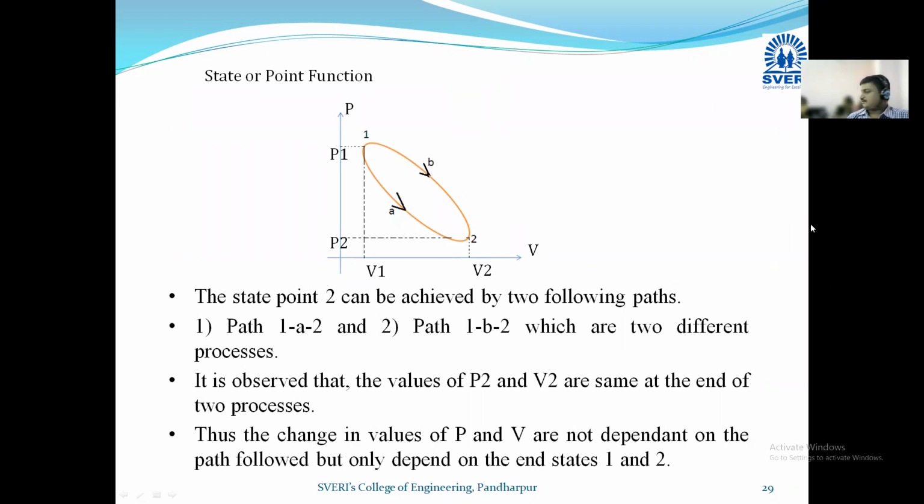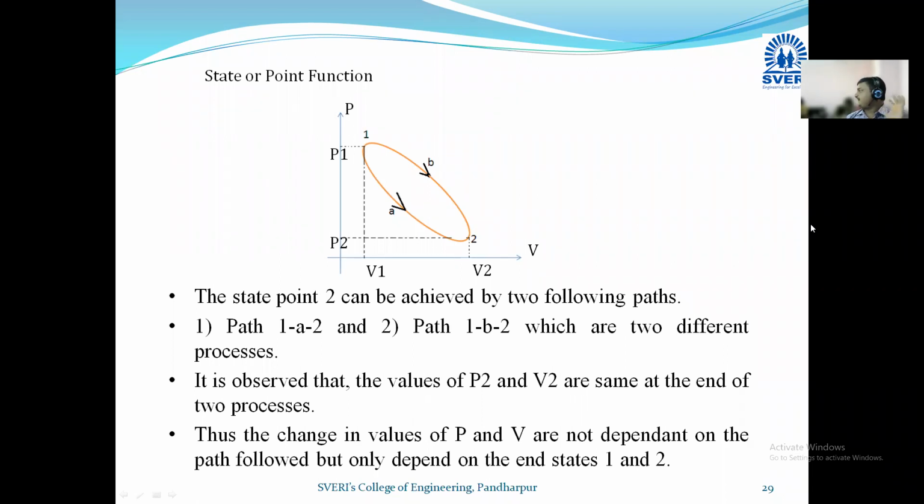Okay, इथे दोन पाथ कुठले कुठले? 1A2 and 1B2. And it is observed that the values of P2 and V2 are the same at the end of the 2 processes. म्हणजे तुम्ही 1A2 ने जरी 2 ला गेला आणि 1B2 ने जरी 2 ला आलात तरी 2 च्या ज्या व्हॅल्यू आहेत त्या P2 V2 असणार आहेत का बदलणार आहेत? पाथ बदलल्याने व्हॅल्यू बदलतात का? No, sir.